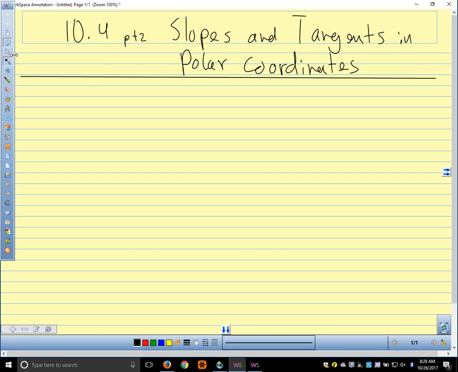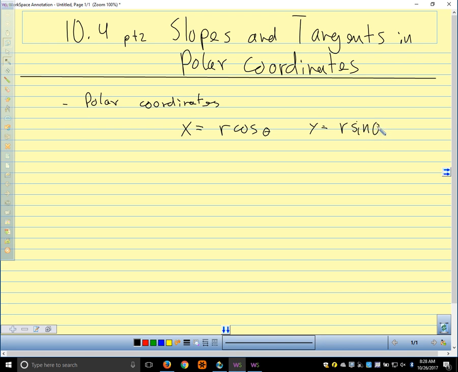So we know in polar coordinates that we have x equals r cosine theta and y equals r sine theta.